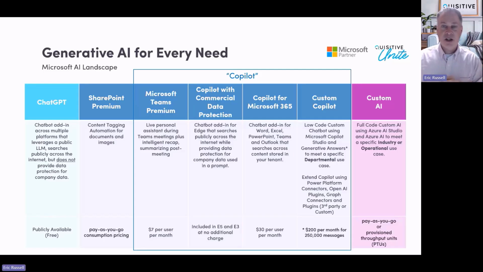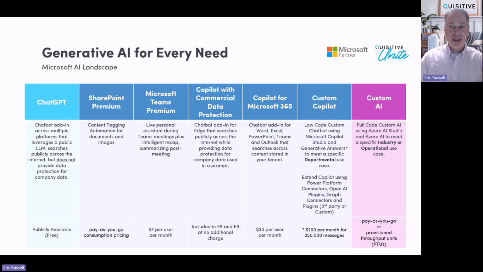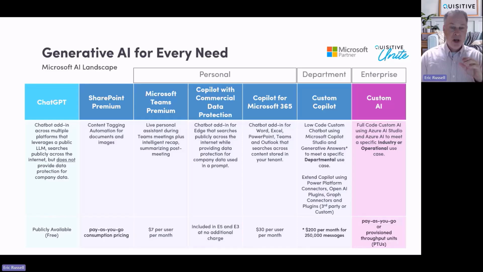Now, if I had to characterize where most of our clients are at in terms of beginning to roll out Microsoft Copilot, it is starting with the use cases. You'll see I advanced the slide here to show some classification, because the most common question I get is, what is Copilot good at out of the box? Specifically, we're referring to those capabilities within Teams Premium, Copilot with commercial data protection, and Copilot for Microsoft 365.